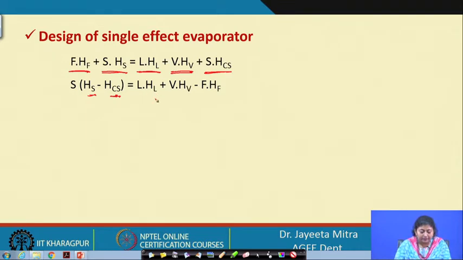L into HL, here the enthalpy HL is at the saturation temperature inside the evaporator. V into HV, again the enthalpy of the vapor at the temperature at which boiling has occurred, minus F into HF. This is at the feed temperature TF at which it has entered.